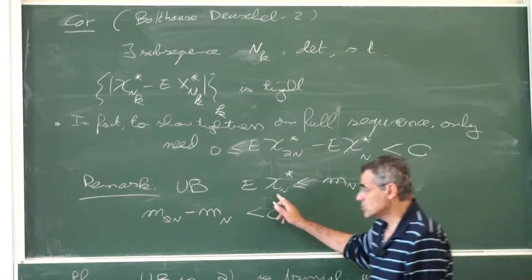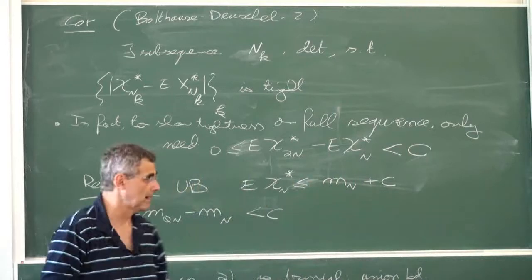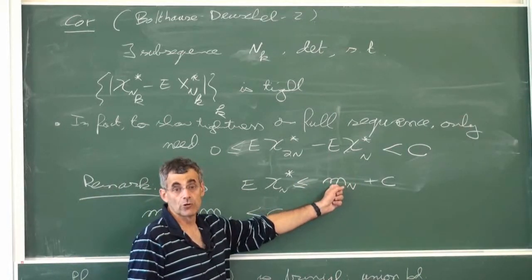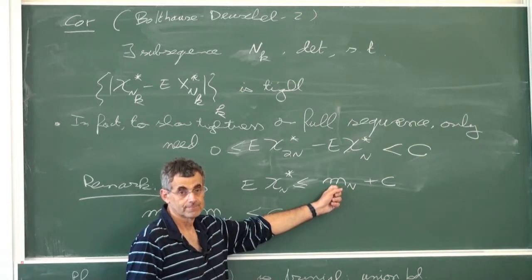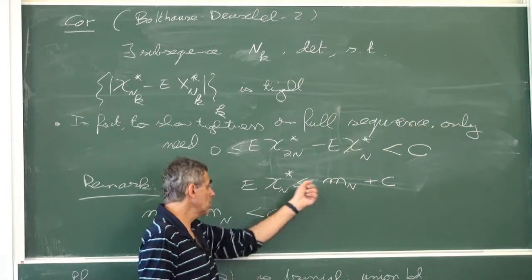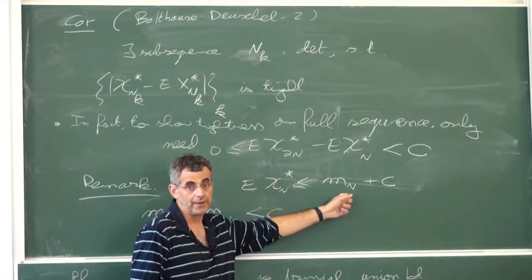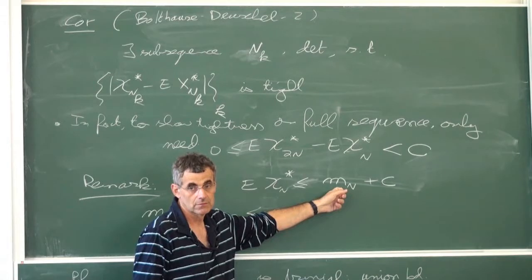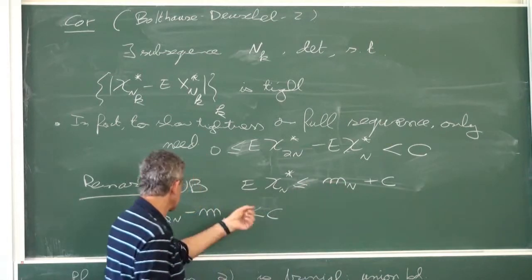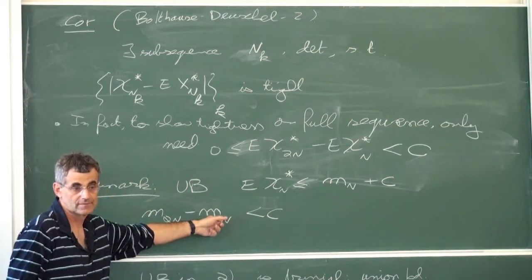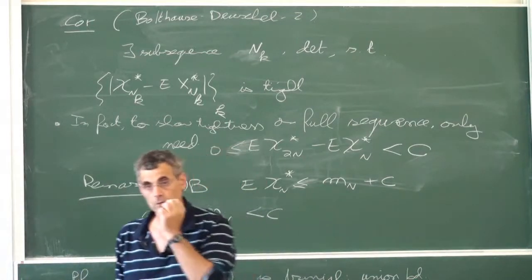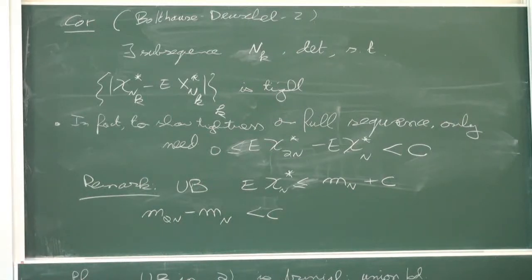So if we could show a complementary lower bound, which is with m_n, then we would be done. Now, the complementary lower bound that we showed was not with m_n, it was with m_n multiplied by 1 minus delta. So certainly, with such a bound, you cannot hope to show this. So we need to do something else. Okay? Is it clear where I'm heading now?